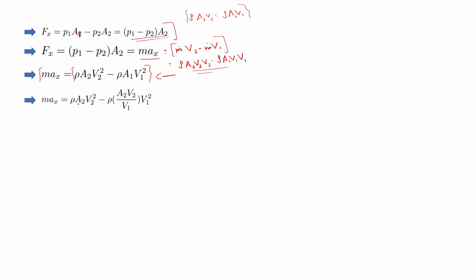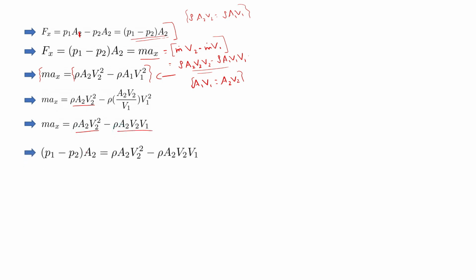And if you rearrange this equation, we have already seen, because this is a continuity equation, A1 V1 is equal to A2 V2. So A1 can be written as A2 V2 by V1, and this will become rho A2 V2 square minus rho A2 V2 into V1.